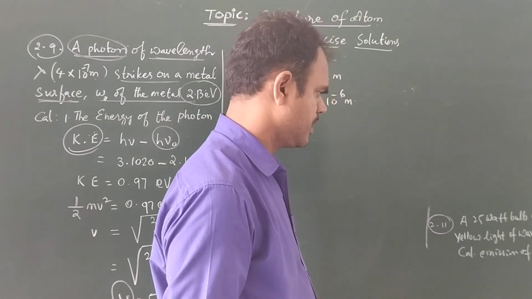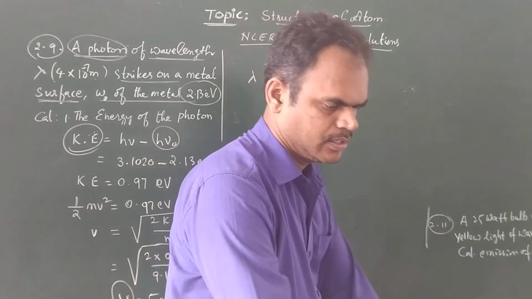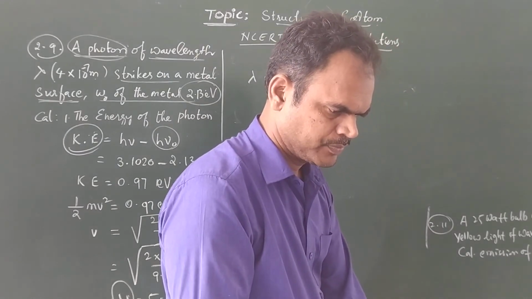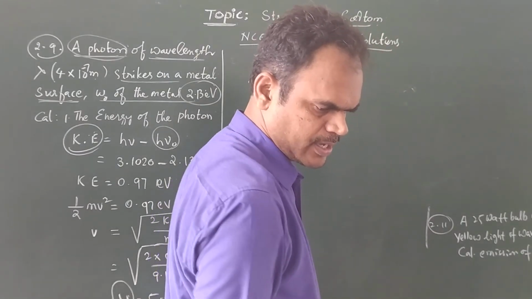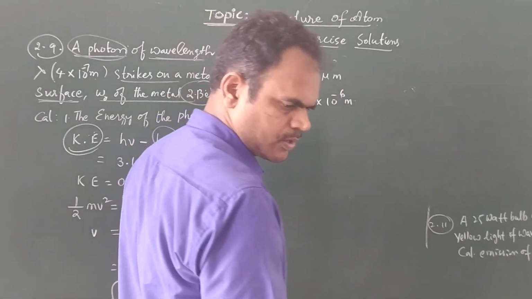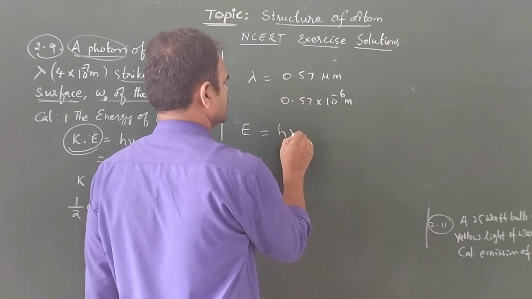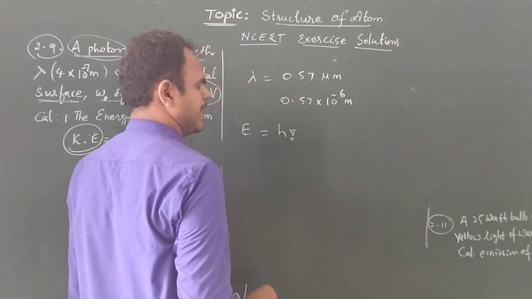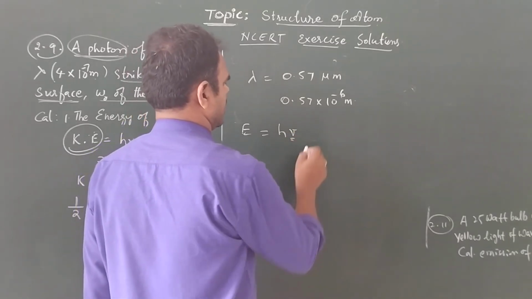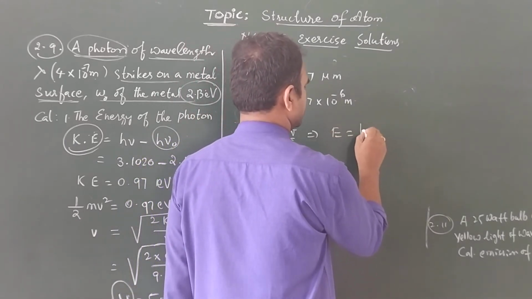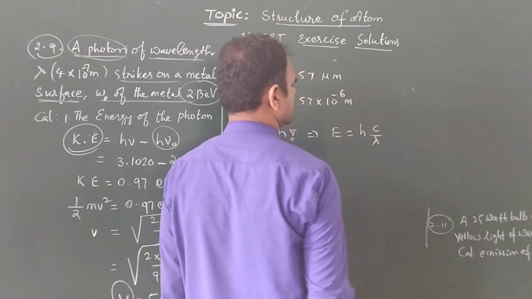So emission of quanta means quanta energy per second. This also we have to use the formula. What is the formula we have to use? E is equal to h nu, the Max Planck equation. As you know, frequency is c upon lambda, so E is equal to h c upon lambda.